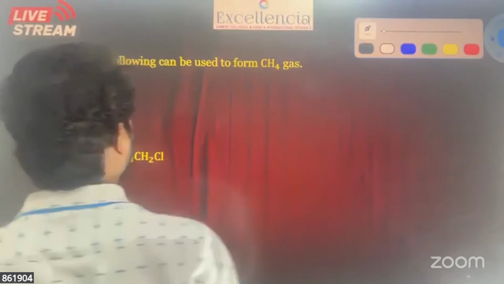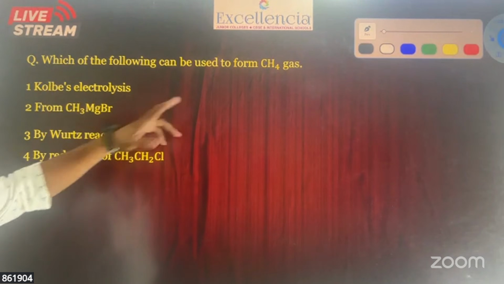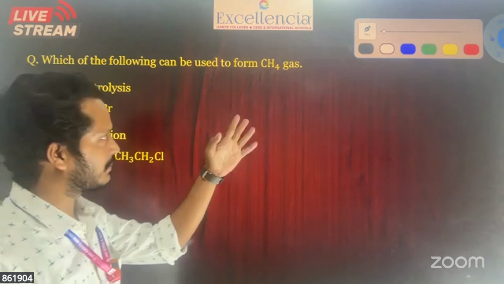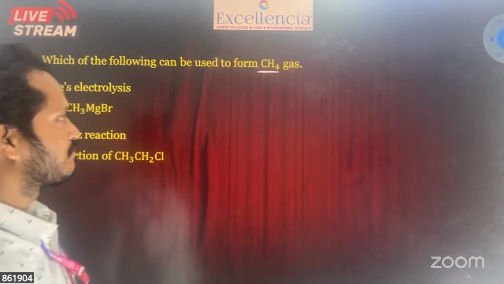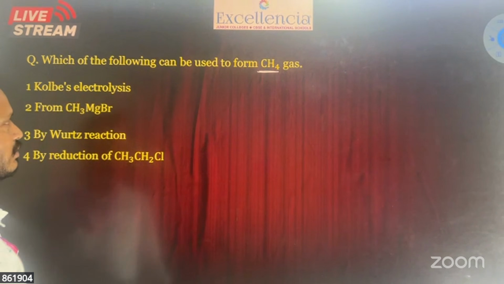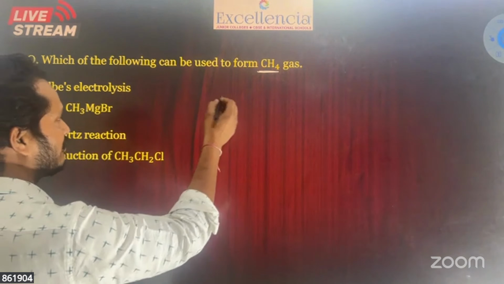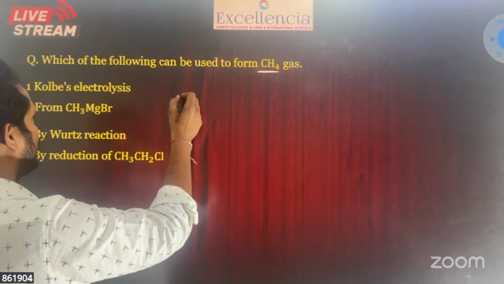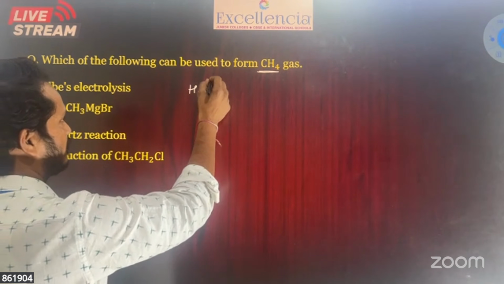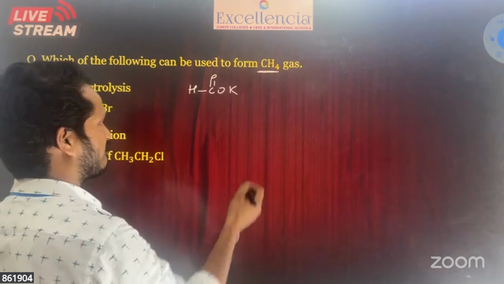Which of the following can be used to form CH4 gas? Next question actually. This is from the preparation of alkanes. Simplest alkane is CH4. In this, if you're talking about Kolbe electrolysis, if I want to produce it, I should take formic acid, sodium or potassium salt.